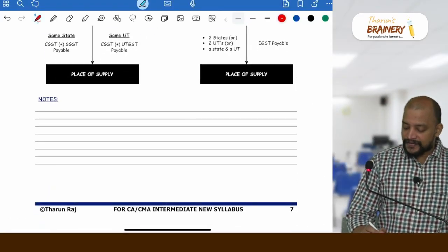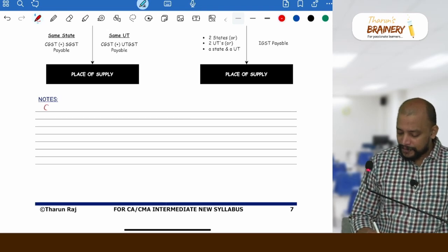Now you need to know this place of supply. What is the usual place of supply? Write down below.